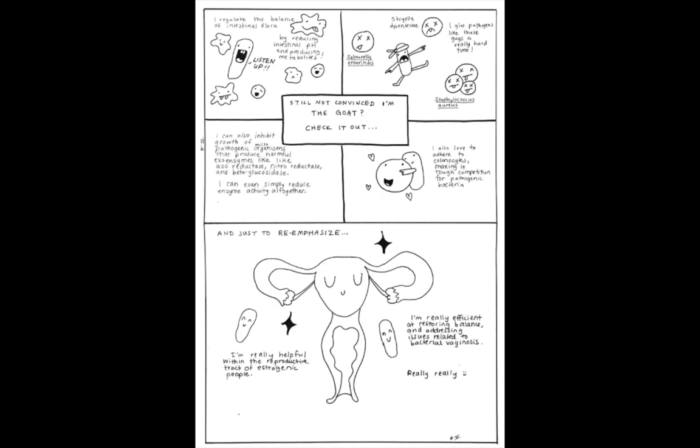I can even simply reduce enzyme activity altogether. I also love to adhere to colonocytes, making it tough competition for pathogenic bacteria. And just to re-emphasize, I'm really helpful within the reproductive tract of estrogenic people. I'm really efficient at restoring balance and addressing issues related to bacterial vaginosis. Really, really.